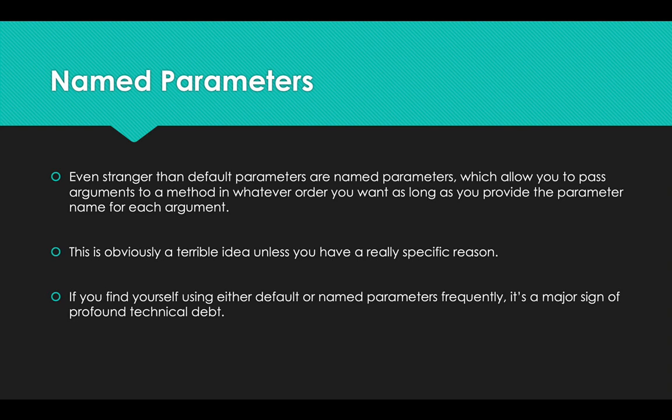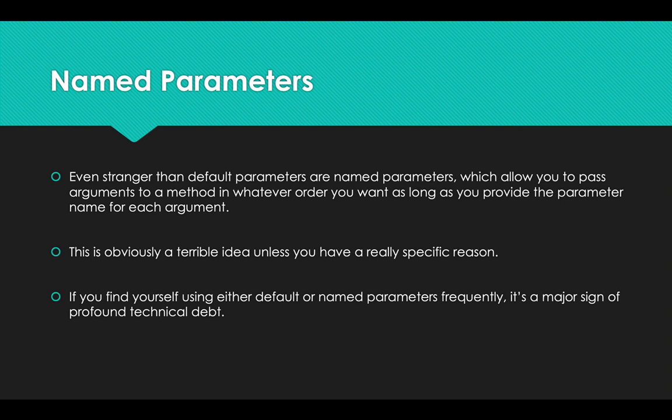Likewise, you could specify A and B for the second and third parameter, and now you have called the method in the exact same way that you would have, just with a different ordering of arguments, and you have named those arguments with the parameter names that are expected by the method.